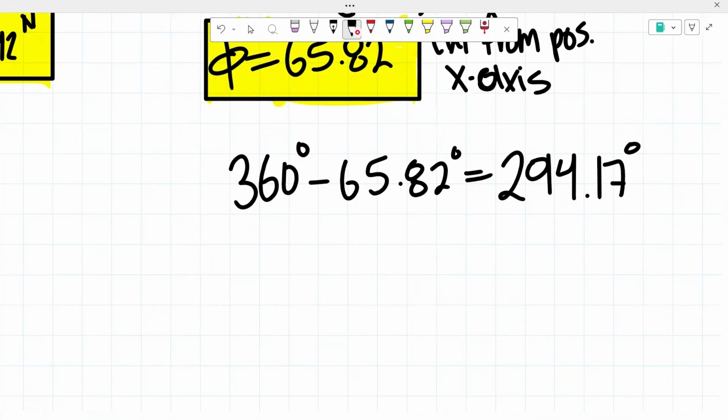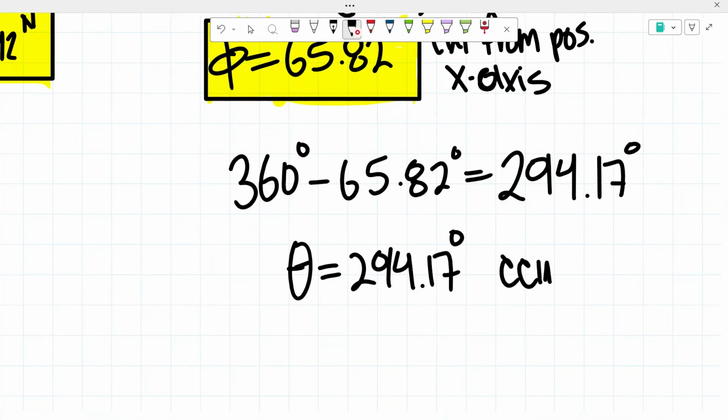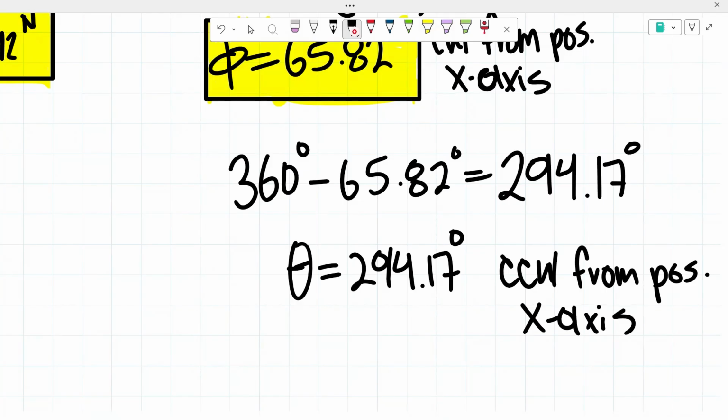So your theta is equal to 294.17 degrees going counterclockwise from the positive x-axis.